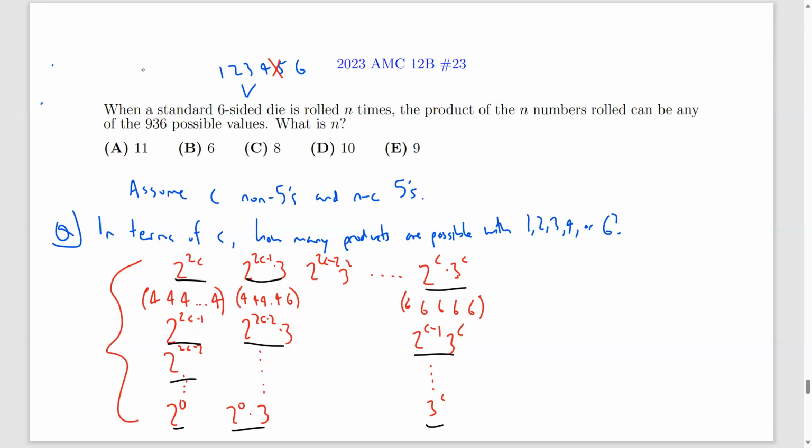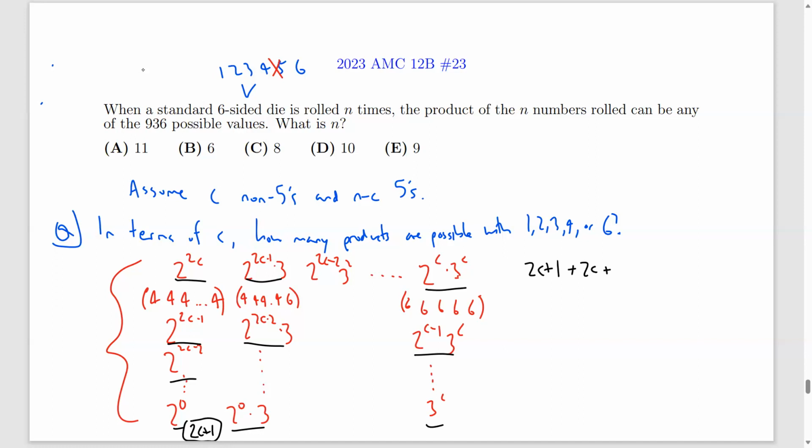The leftmost column has 2C plus 1 products. The second column from the left has 2C products.